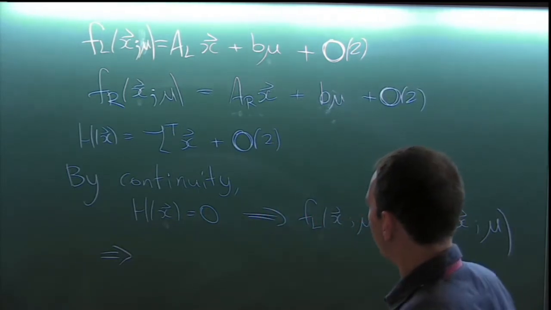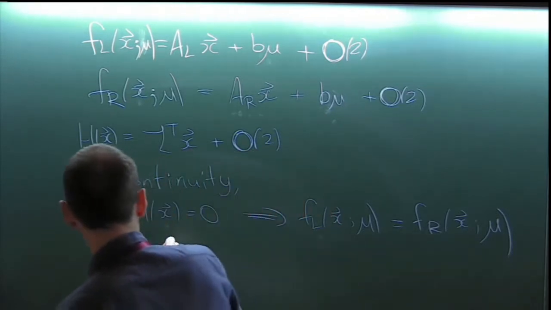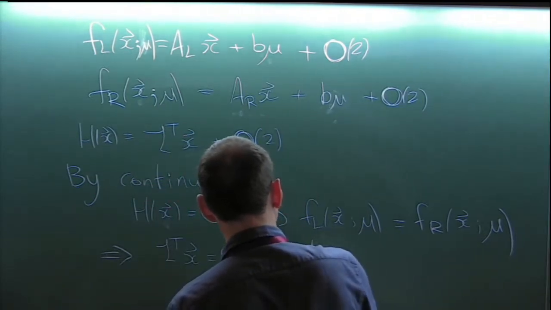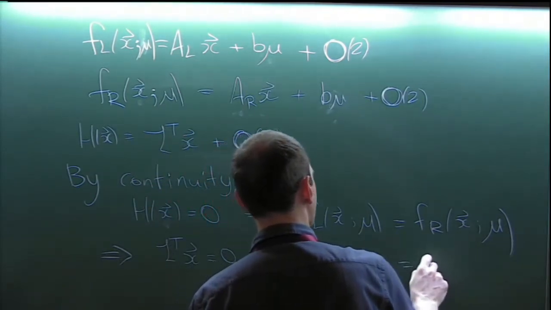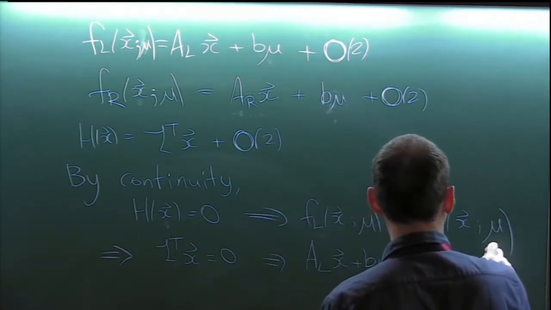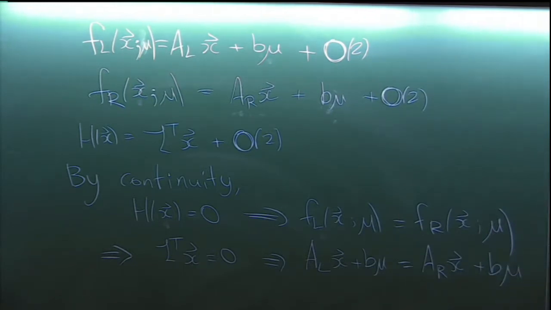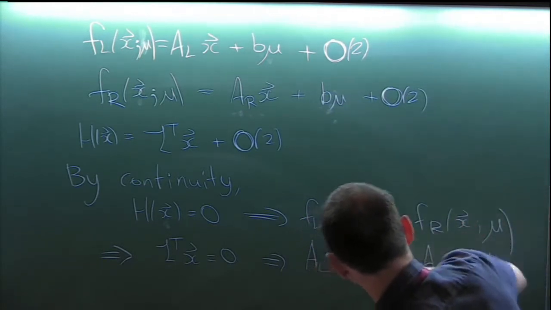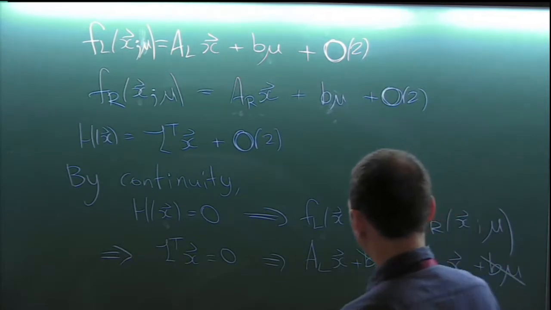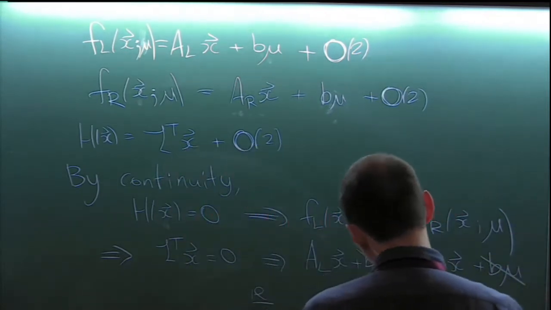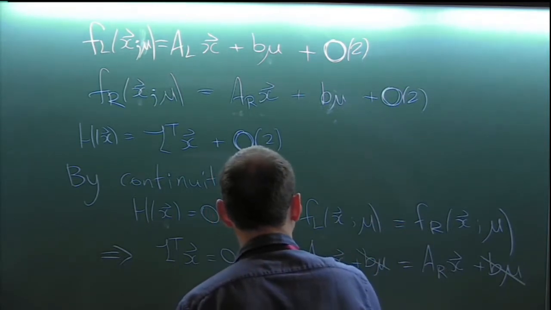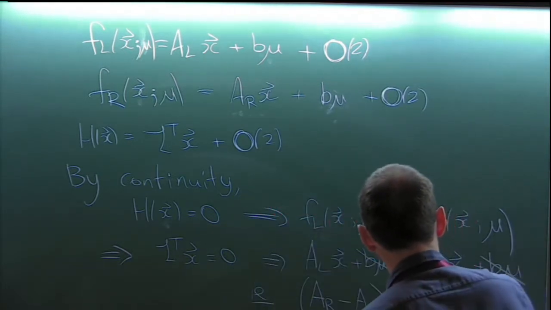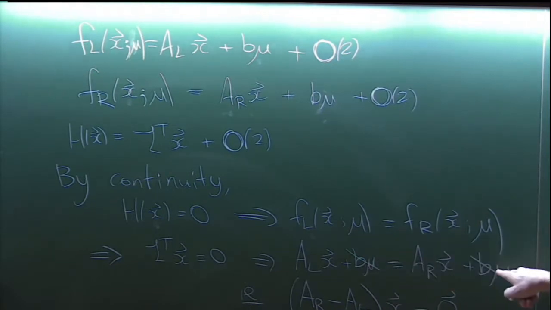Okay, so I can just write the leading order terms. To leading order, this implies A plus B mu equals the corresponding expression with AR. The two B mu's cancel out.